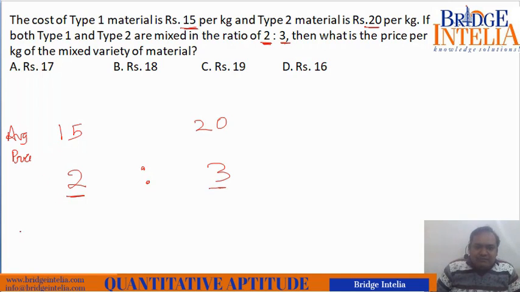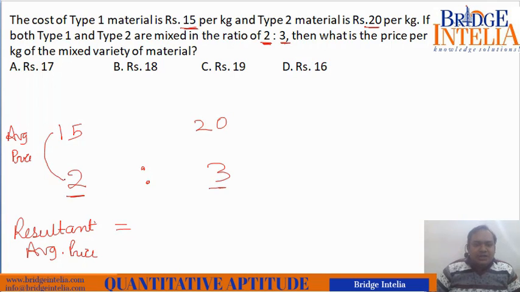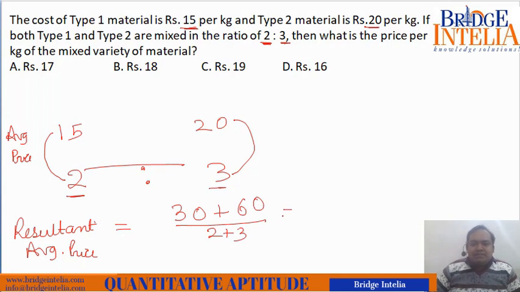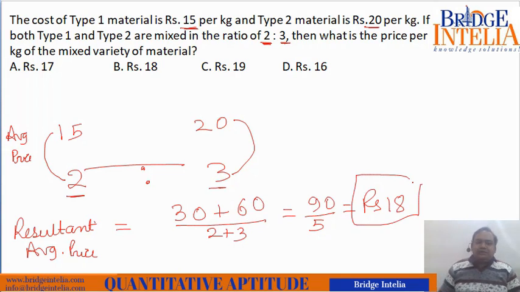So the resultant average price will be 15 into 2, 30, plus 20 into 3, 60, divided by 2 plus 3. So 90 by 5 comes out to be equal to 18. Let's move to the next one.